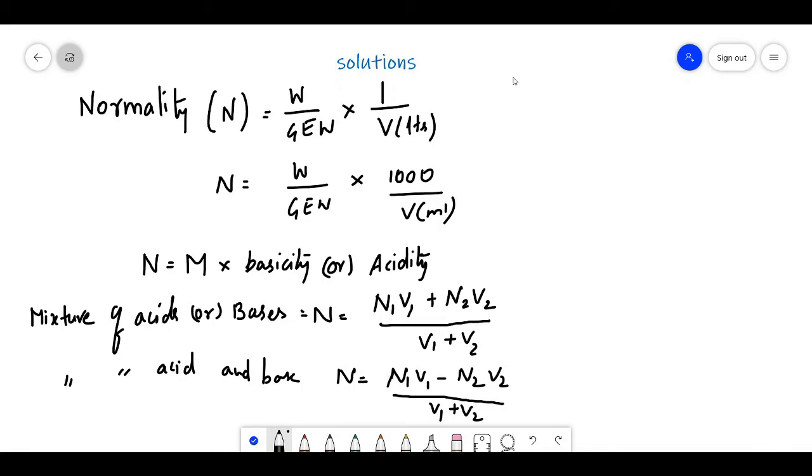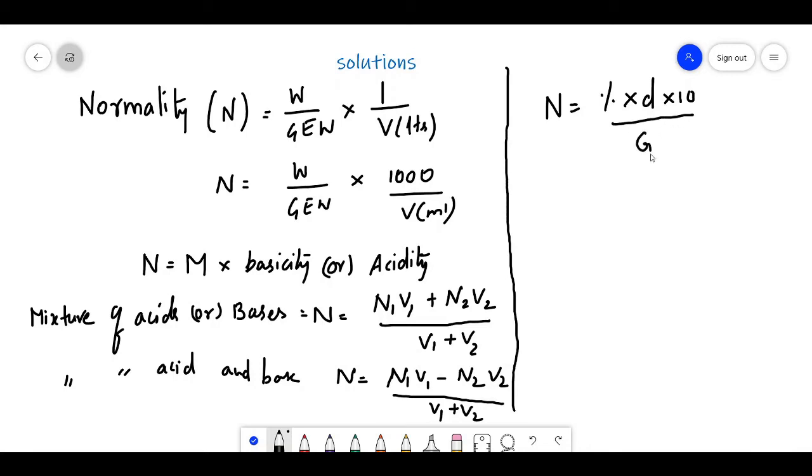And if in any question they give the percentage of the acid or base and they ask to calculate the molarity or normality by giving density of the acid or base, then we can use this formula. For normality, we can use this formula: percentage into density into 10 by gram equivalent weight.